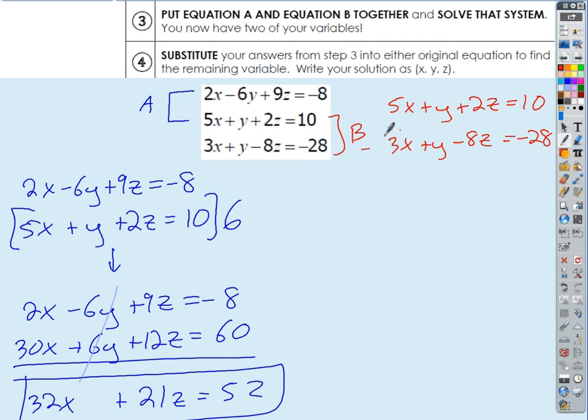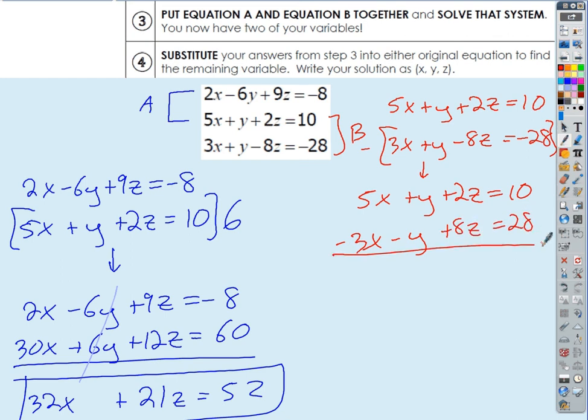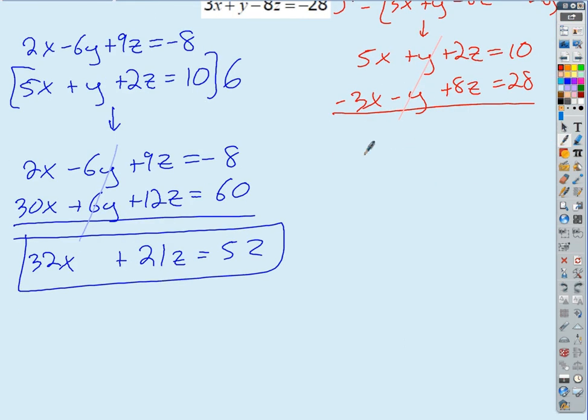We'll just distribute a negative through the bottom one, and that's going to give us 5x plus y plus 2z equals 10, and negative 3x minus y plus 8z equals 28. If we add those up, the y's cancel, which was our goal, and we get the equation 2x plus 10z equals 38.